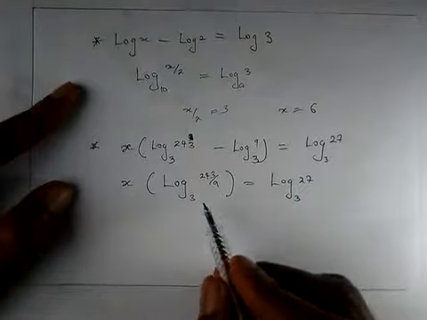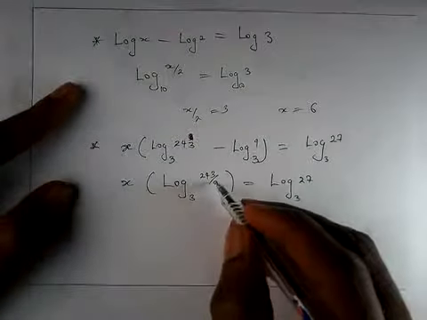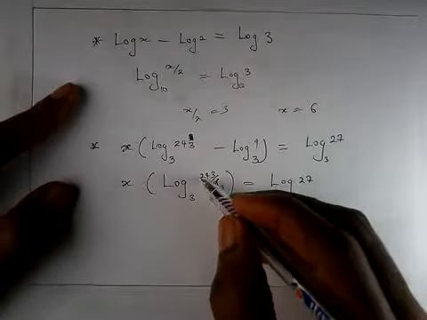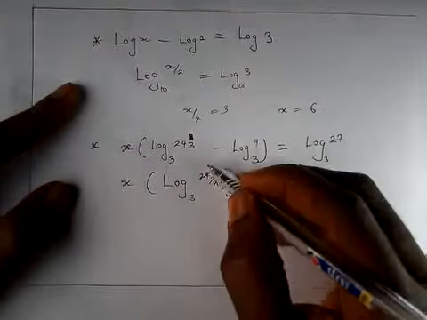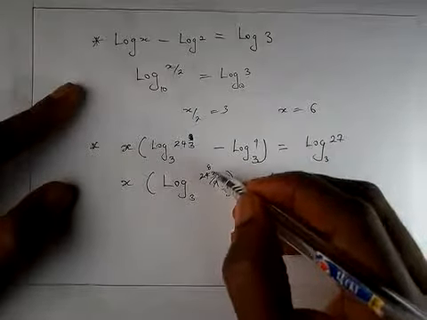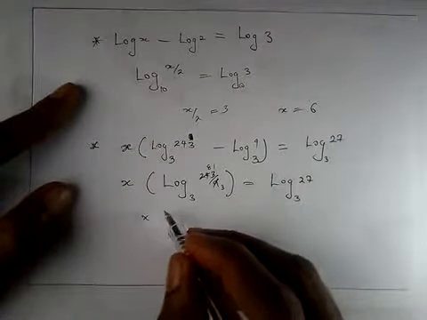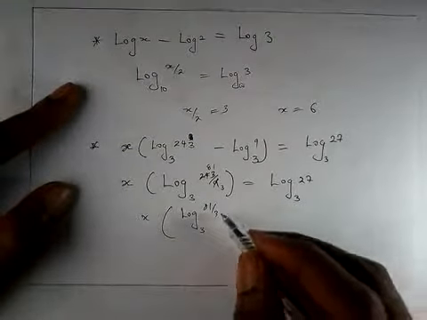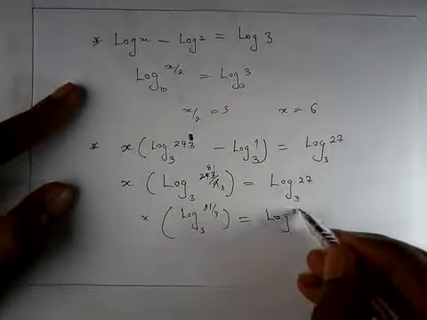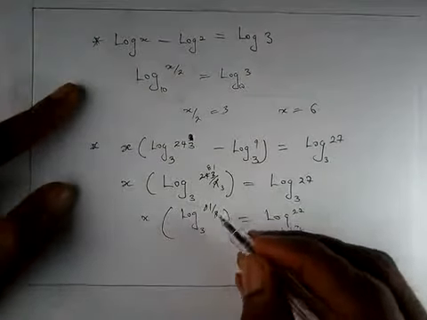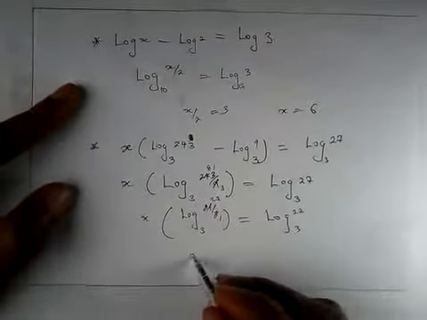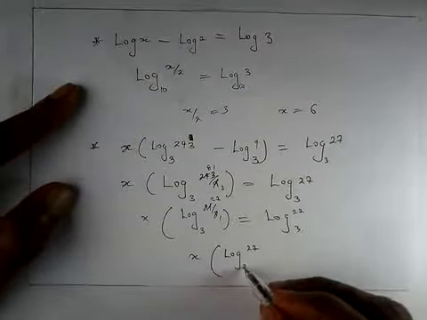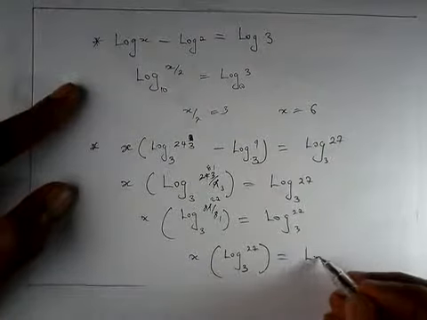Okay, now looking critically, 243 over 9 is 81 over 3 to base 3, which is equal to this. 3 here is 1, 3 here is 27, so that's log 27 to the base 3.